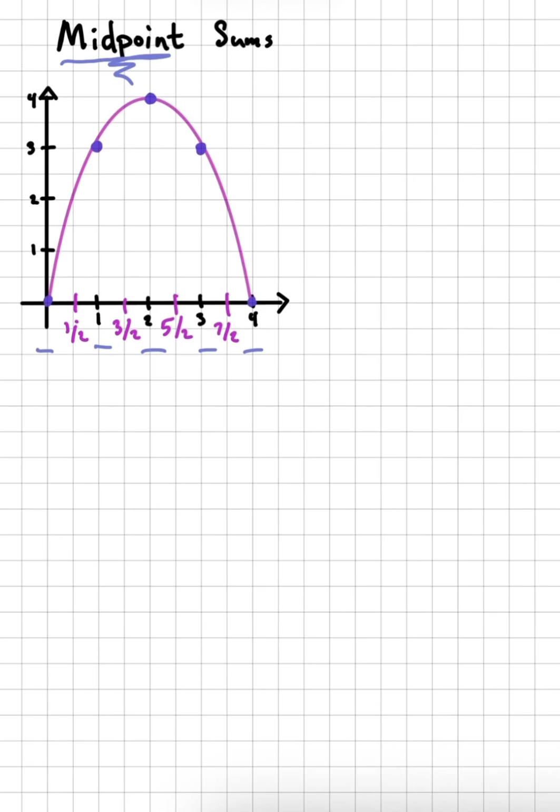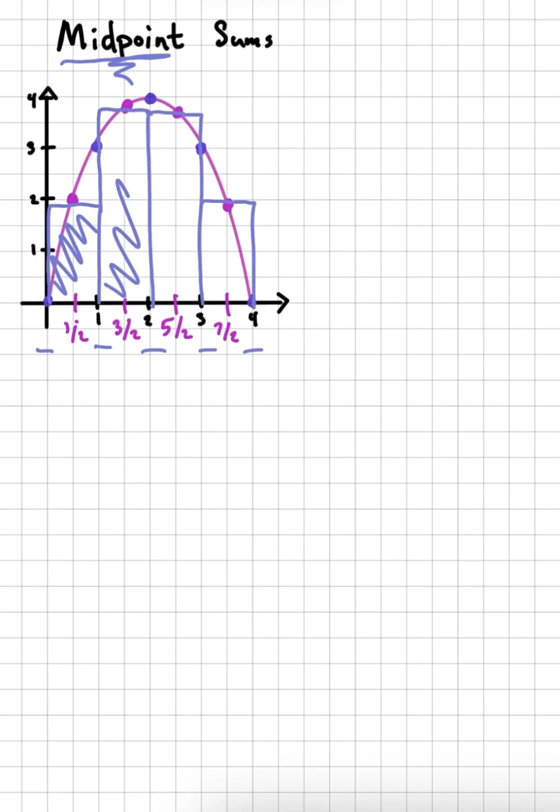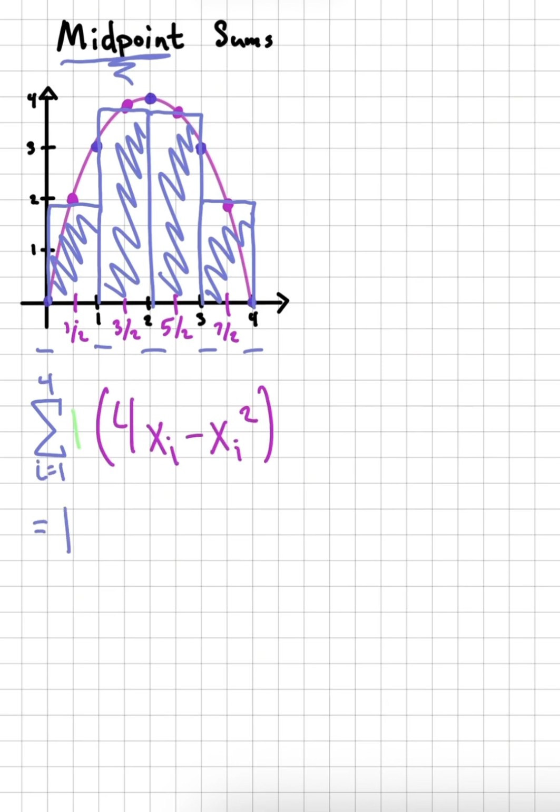And now, we can draw our rectangles. And now that we've done that, just like before, we can use our equation to find the area of each of these rectangles and then add them all up.